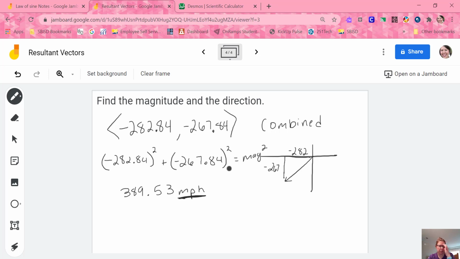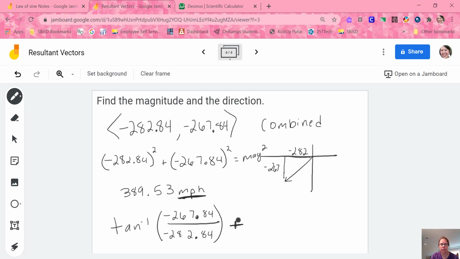Then we're also going to solve for the direction. My direction would be inverse tangent, just like always, of y over x: negative 267 over negative 282.84. And then what do we have to add when we're in quadrant 3?